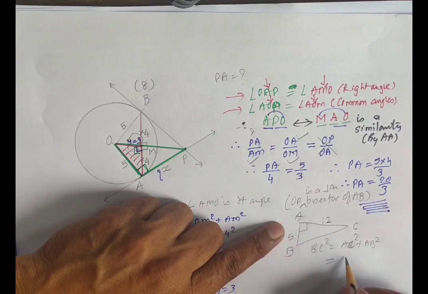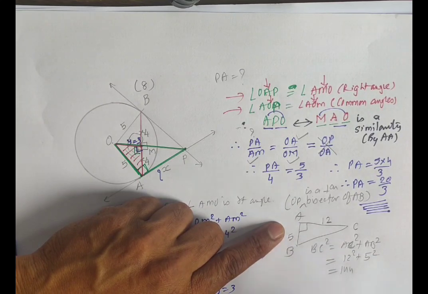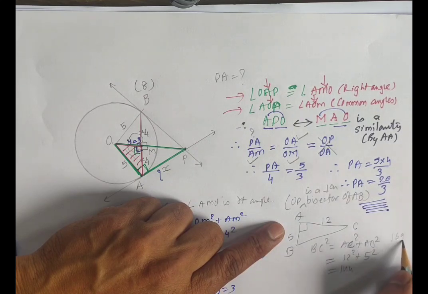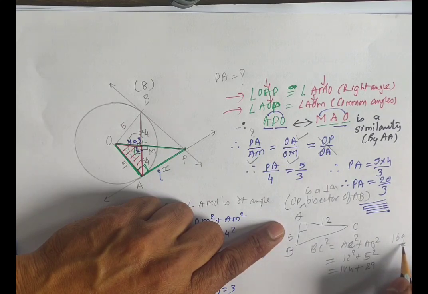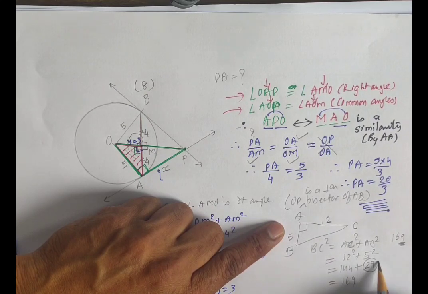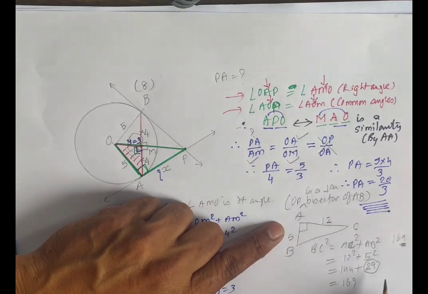So we write AC square, 12 square, AB square, that is 5 square. 12 square is 144. 144 plus 25 is 169. So I had 169 already in my mind. I said 5 square is 25, but by mistake I wrote 29 because 169 was running in my mind, and then I wrote 169. So I made a mistake here in a later sum.